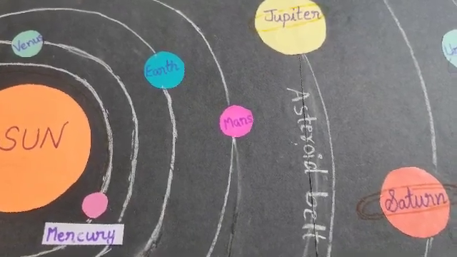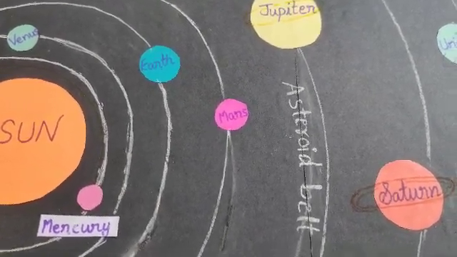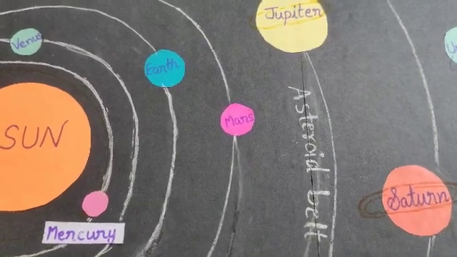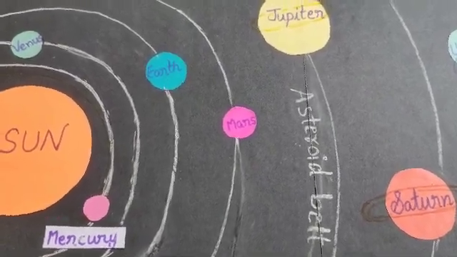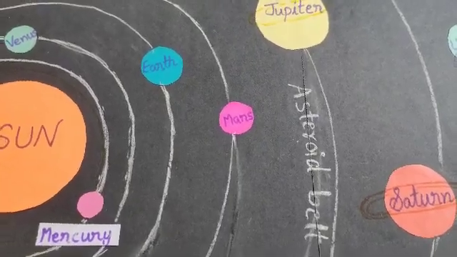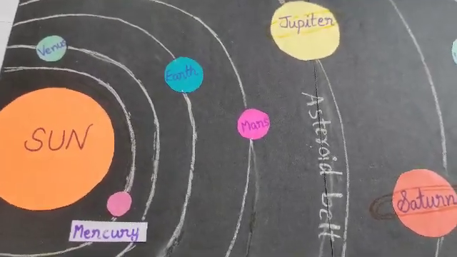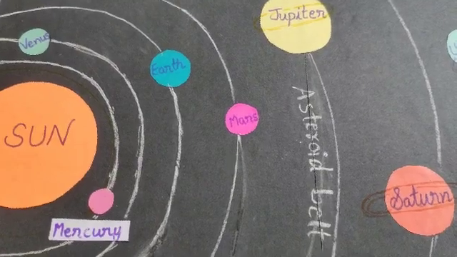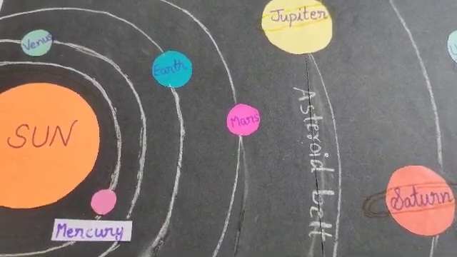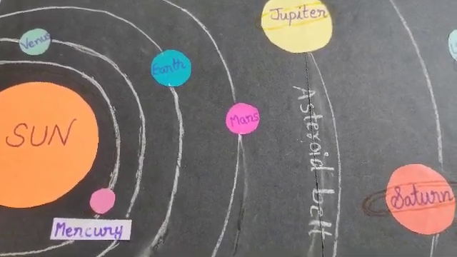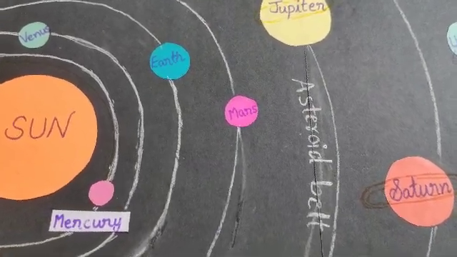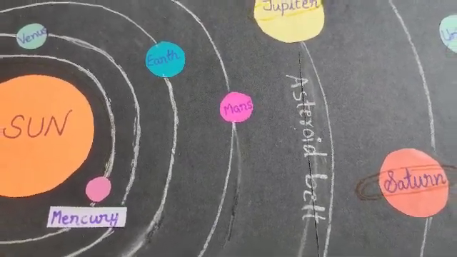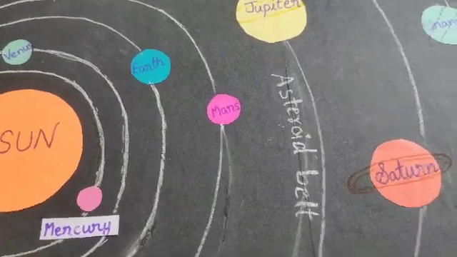Those rocks stay in space only. Those parts are called asteroids. Scientists believe that asteroids are parts of a planet formed by the explosion of the planet many years ago.